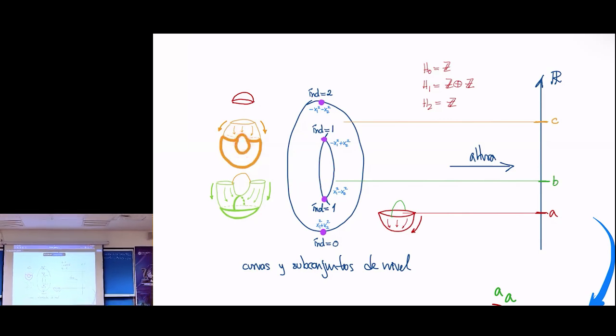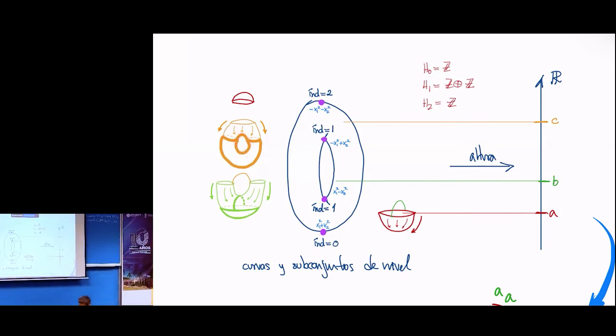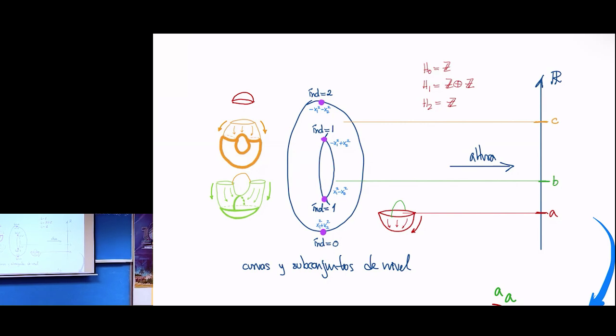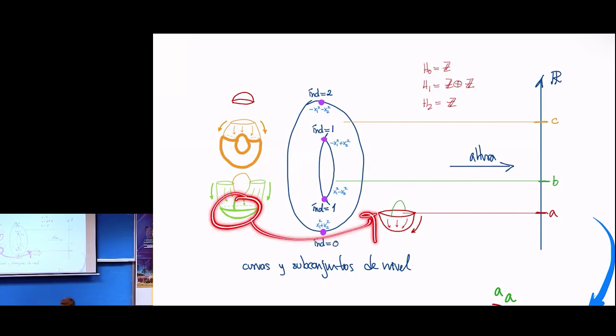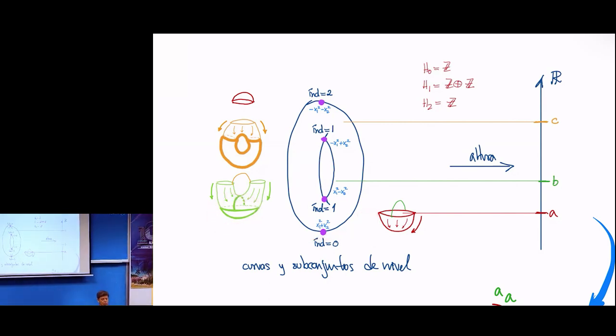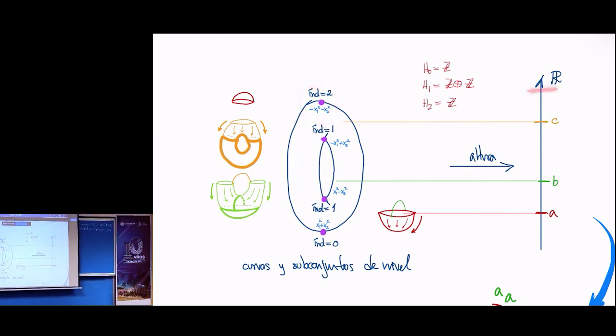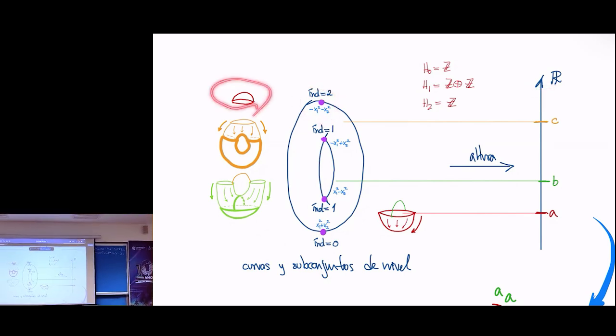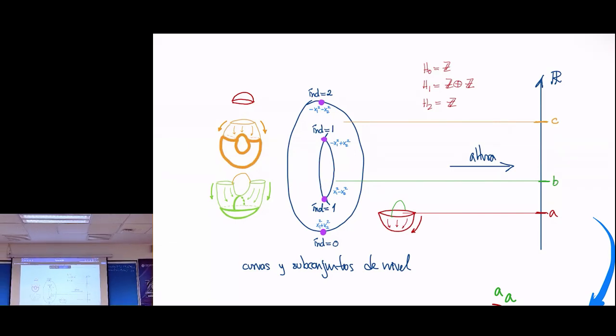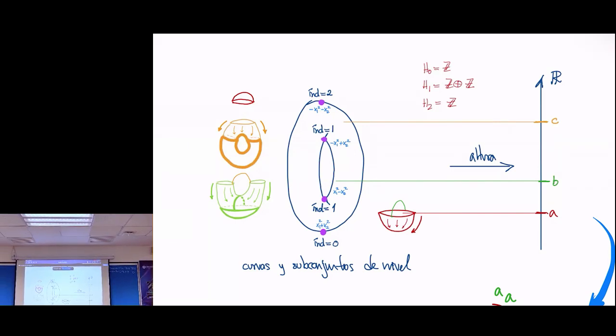And then you can just continue the whole picture from here to here to realize that you will have a point, a circle, and another circle attached to it, like a number 8. And at the very end, when you reach this height or anything higher, you are essentially attaching what you need. Just as before, we have cells of dimension 1, and at the very end, we have a cell of dimension 2.